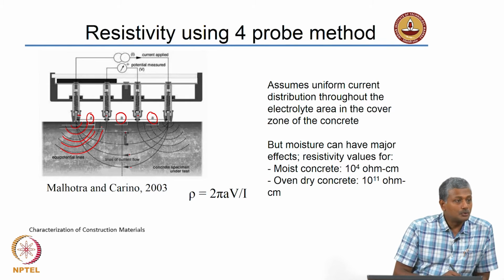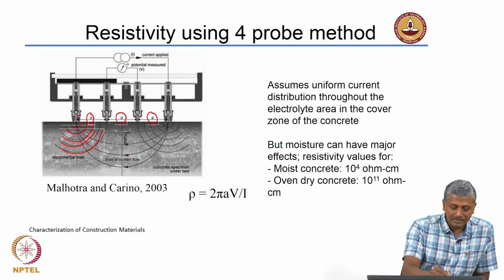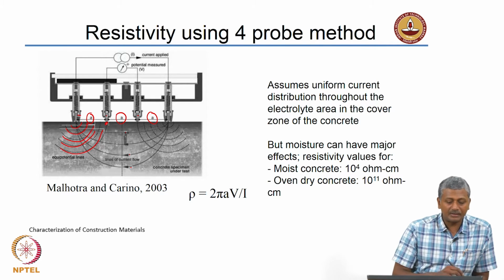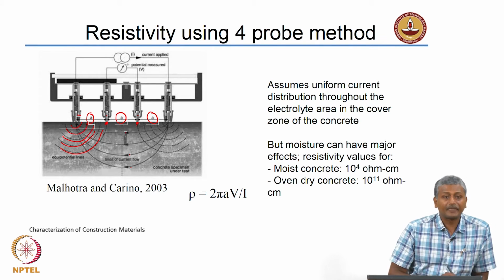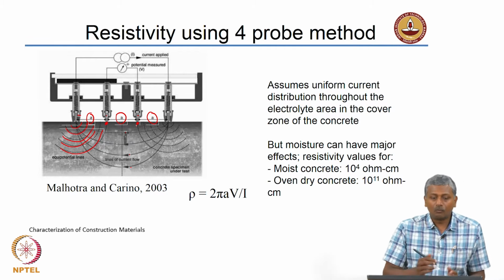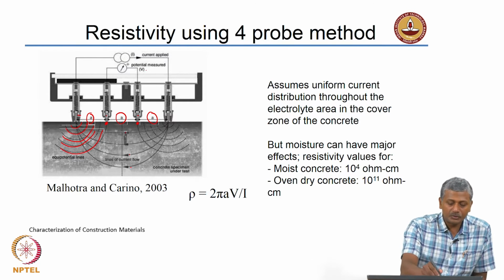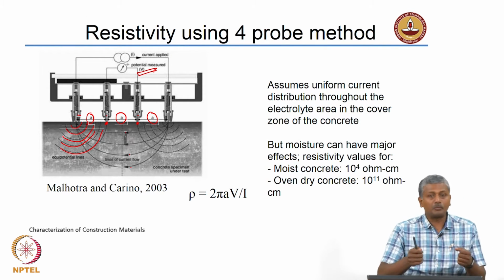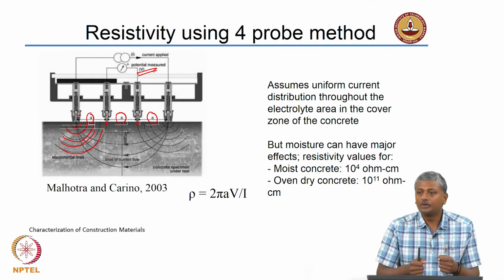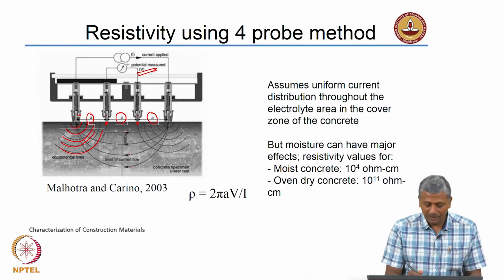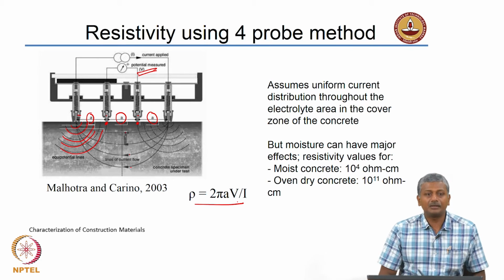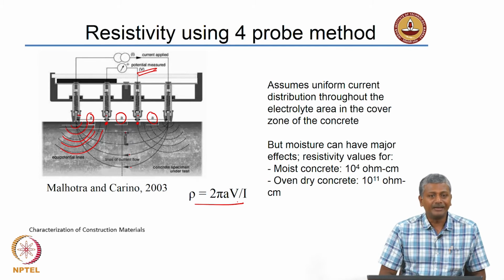The equipotential lines define the potential at this point and this point, and that is what we are trying to measure using the potentiometer or potentiostat between the two inner probes, and that we are using to calculate the resistivity in terms of this equation, 2 pi A V divided by I.